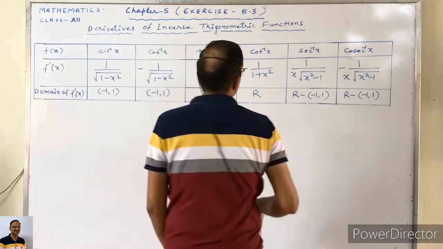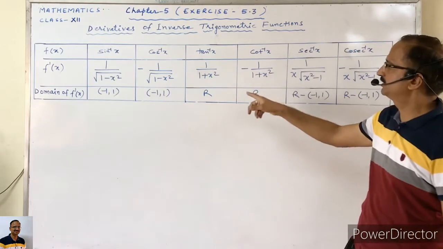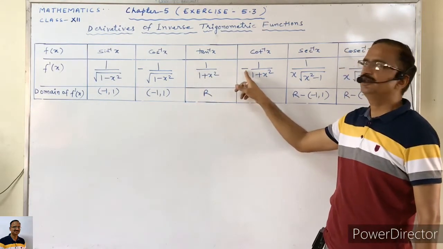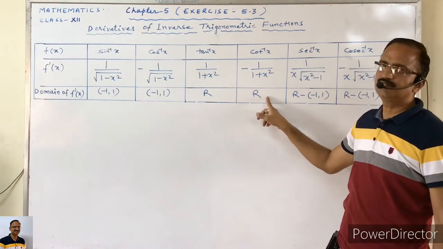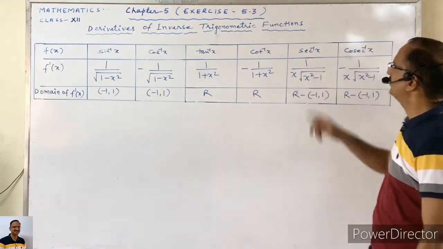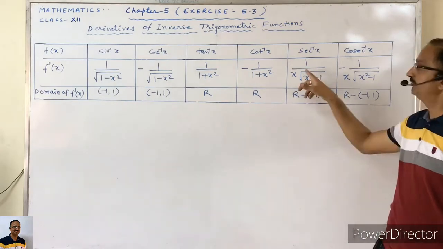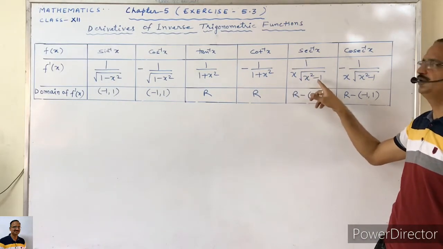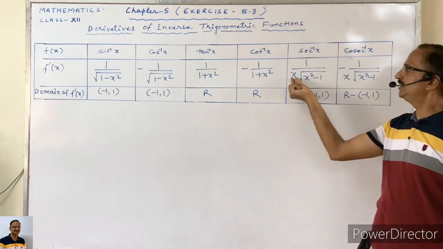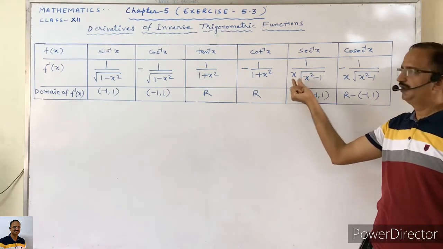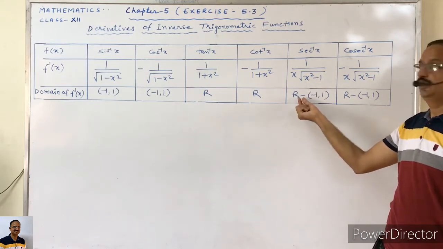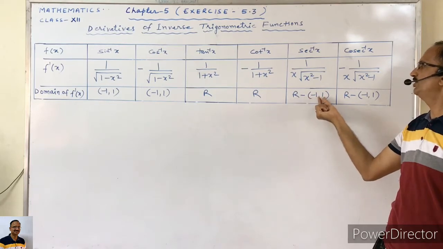The same is the case of cot inverse. The only change is here this is positive, here it is negative. The domain is same. Now come to sec inverse x. Derivative is 1 by x root x square minus 1. In this x you can put any real number, but it is defined only for values outside the interval minus 1 to 1.